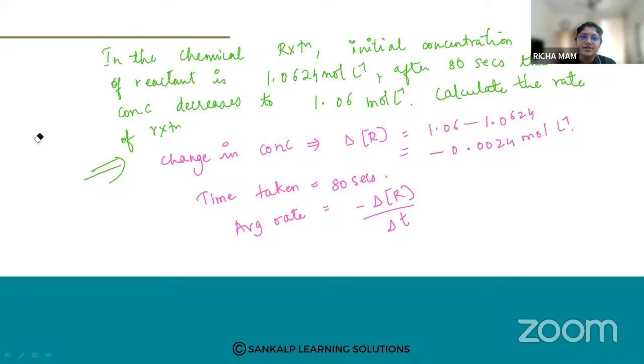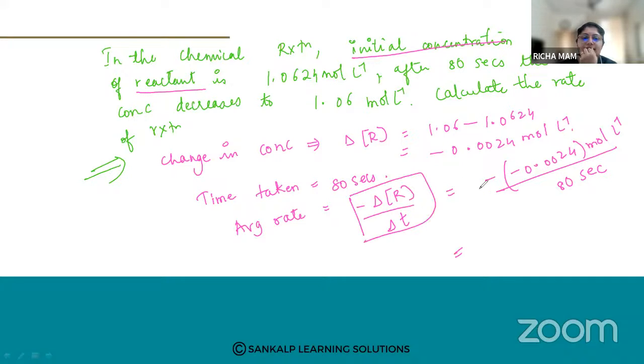Yes, substitute and see what answer you get. So minus of minus 0.0024 mole per liter divided by the change of time. Here the initial concentration is only given for the reactant, so we are calculating only for the reactant.